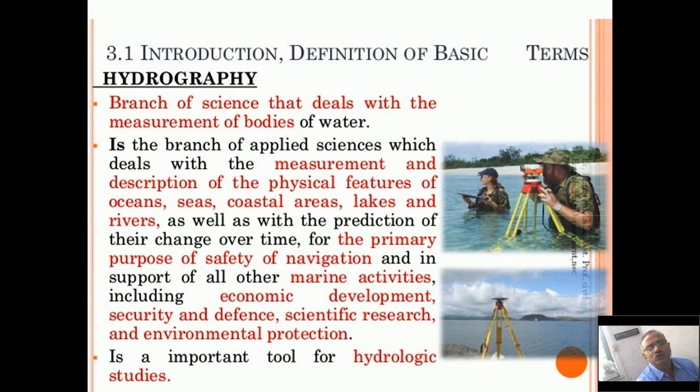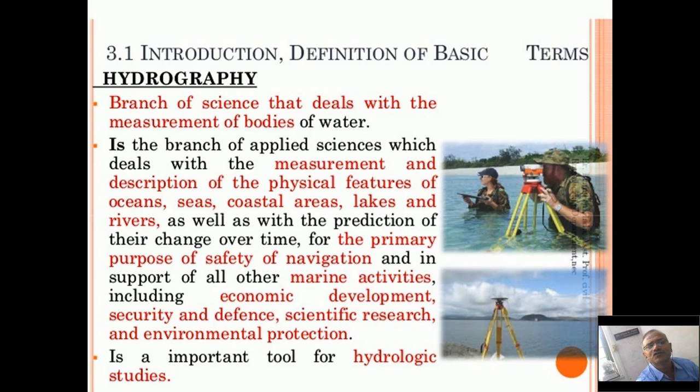It is an important tool for the hydrographic studies. Nowadays, as a part of commerce, many ships are navigating from one part of the country to another part of the country. When defining the sea routes, it is necessary to find out what kinds of obstructions are available in the sea routes in the form of reefs, any submarine structure, or submarine rocks, what kind of strata may be there.